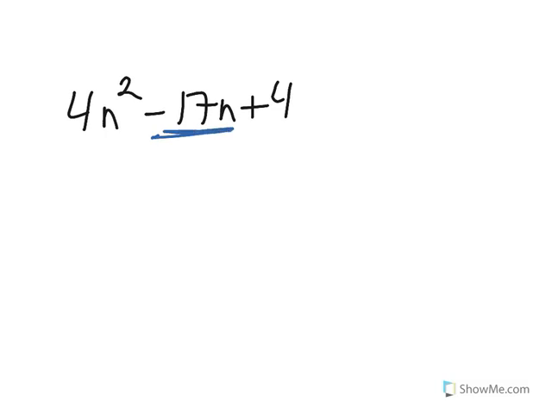All right, we're going to do 2 more examples, and then we're going to do one with a plus sign. So 4n squared minus 17n plus 4. So once again, this is a plus sign, so I'll be adding. And 17 compared to my 4 and 4 is a really, really big number.